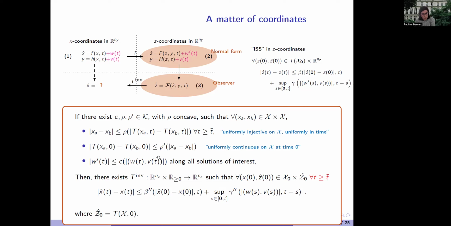So you need those three things to be able to come back, and you need to restrict z hat of 0, and that's why before I had this restriction on the initial condition. The only thing you cannot remove is this fact here. So of course, if your transformation is injective only after some time, you will have nice properties only after some time, okay? But in the autonomous setting, when t is independent of time, you don't have this problem anymore because it's just injective and that's it, okay?